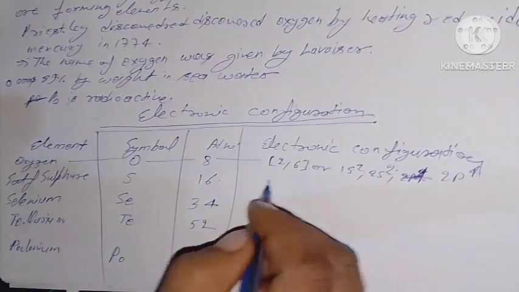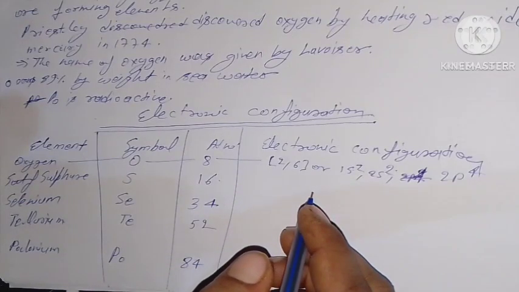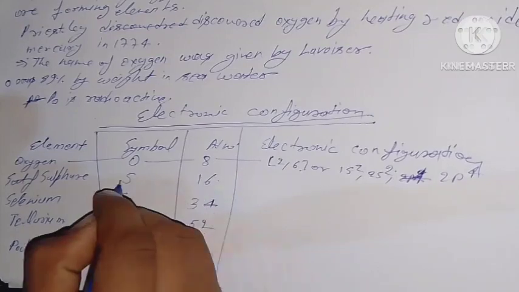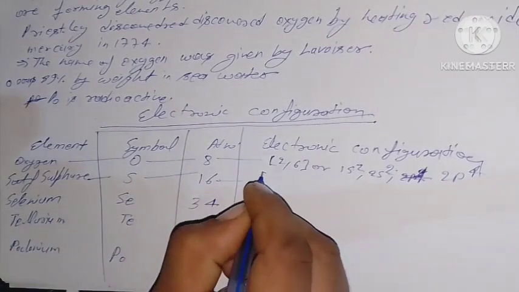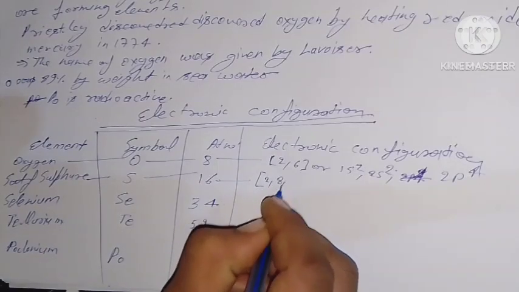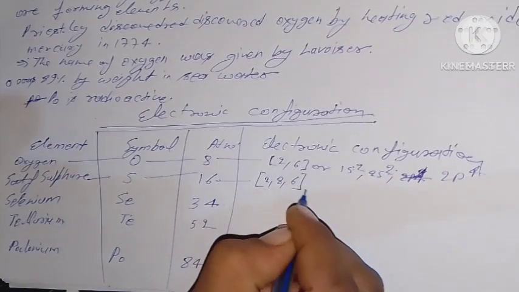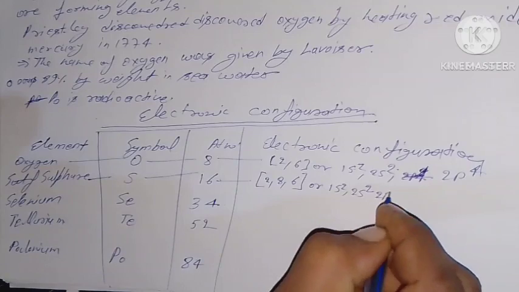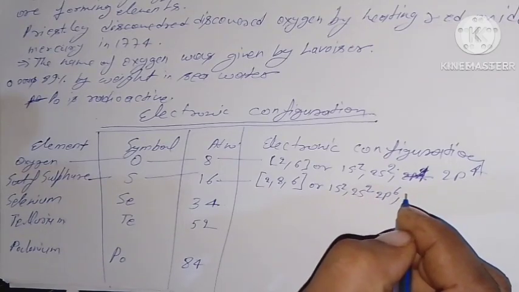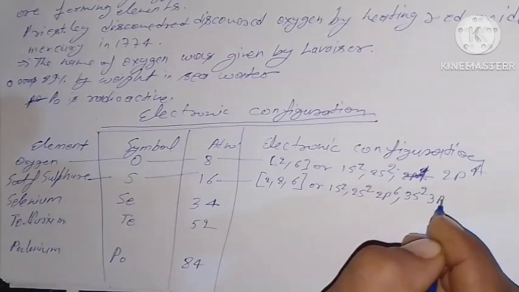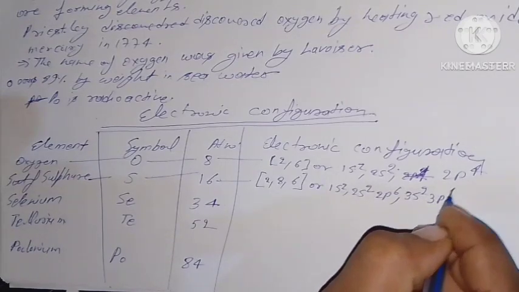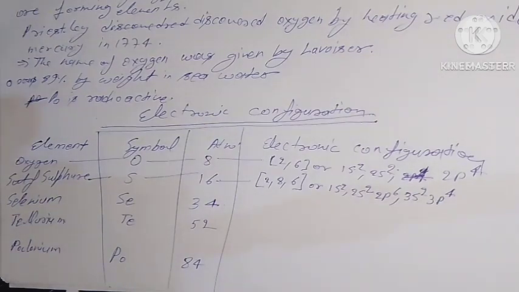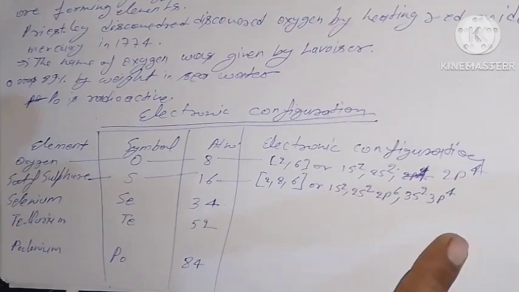The electronic configuration of sulphur is 2, 8, 6, or 1s2, 2s2, 2p6, 3s2, 3p4.